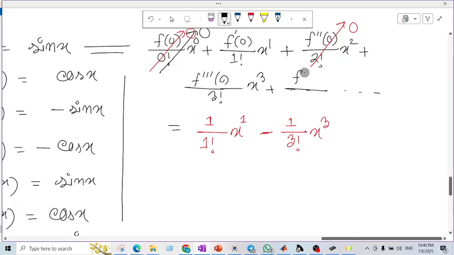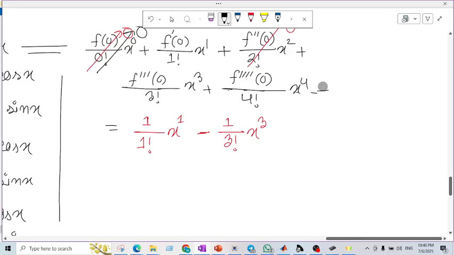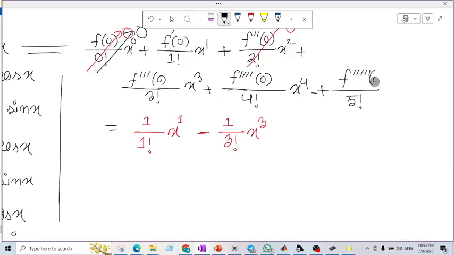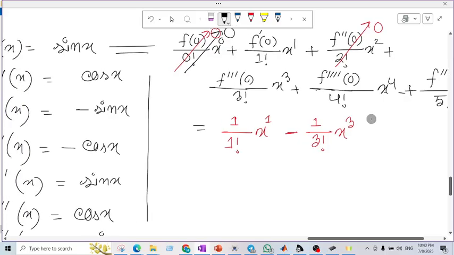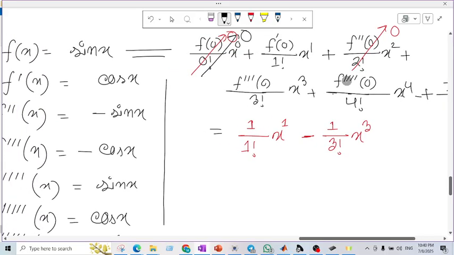Then let's take 4 primes, 4 factorial x to the power 4, then 5 primes, 5 factorial x to the power 5. Now I need f4 prime.